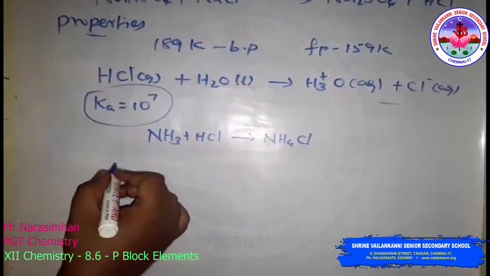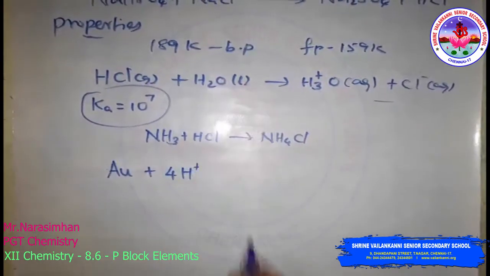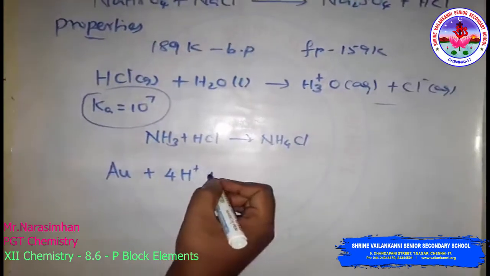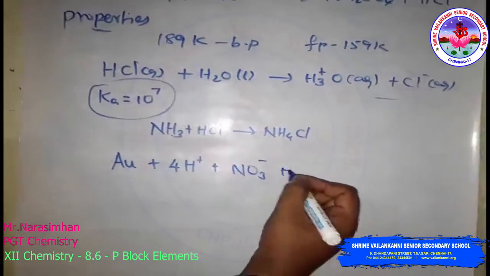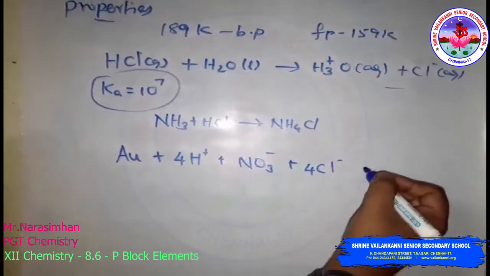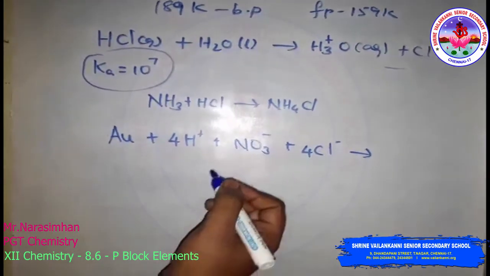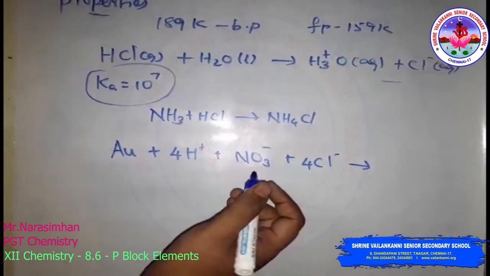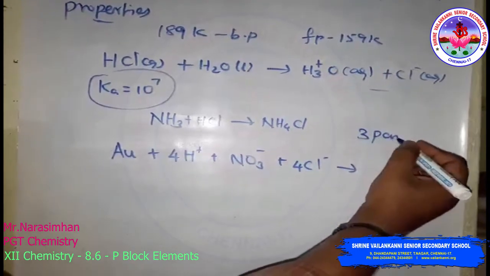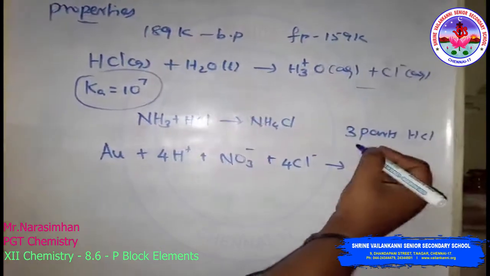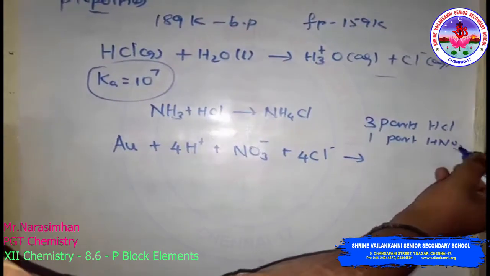For example, gold reacts with HCl and concentrated nitric acid. This is called aqua regia: concentrated nitric acid and concentrated hydrochloric acid, 3 parts HCl and 1 part nitric acid, both in concentrated form.